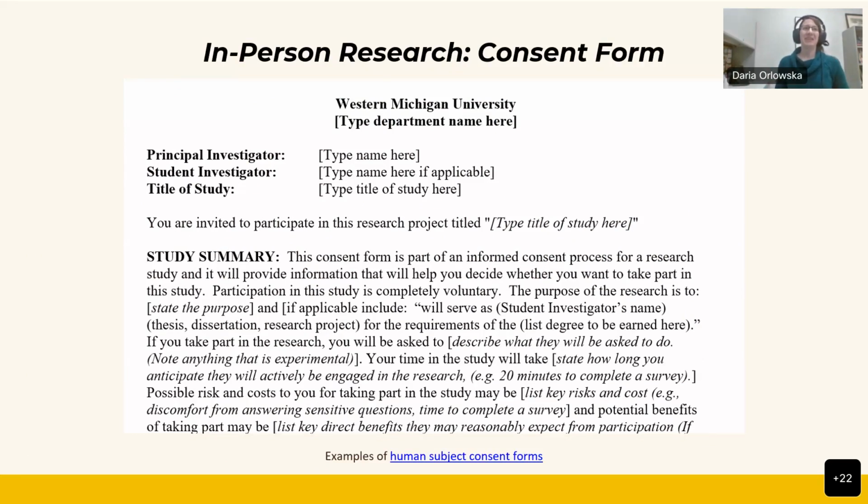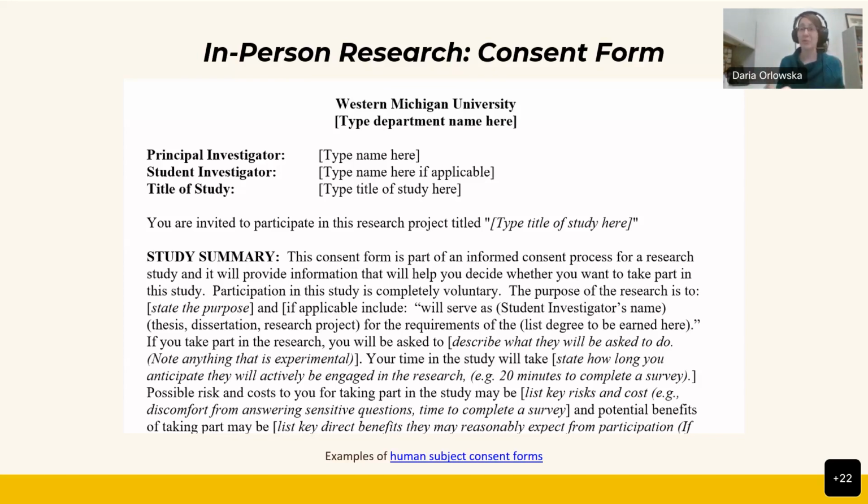The in-person research consent form is just a little bit longer. For online surveys, we try to abridge it, but it consists of many of the same components. Some of the key things here is that when crafting a consent form, really craft it at a sixth grade reading level, so make sure it's accessible for all your study participants.